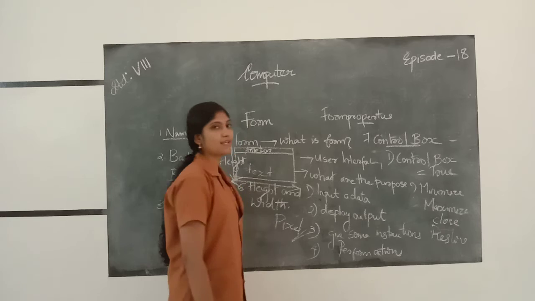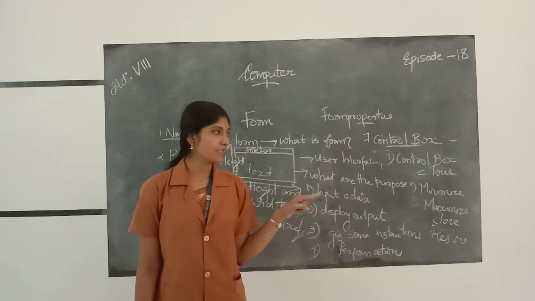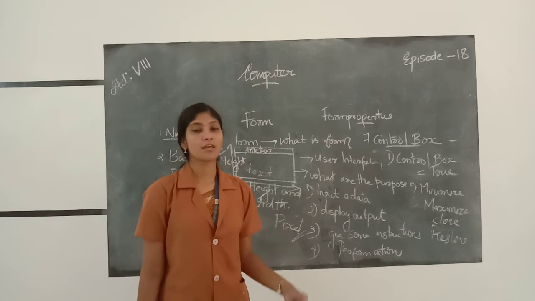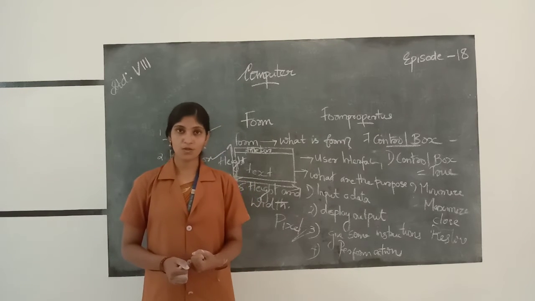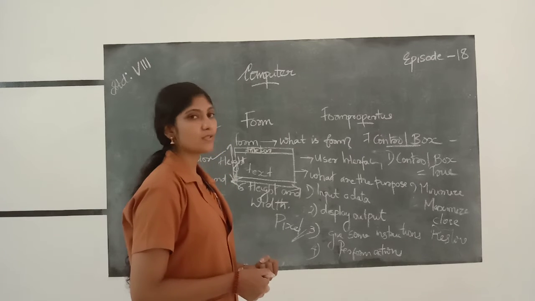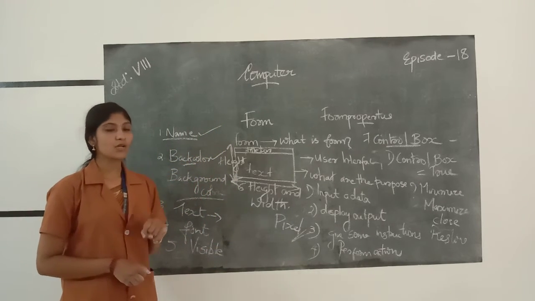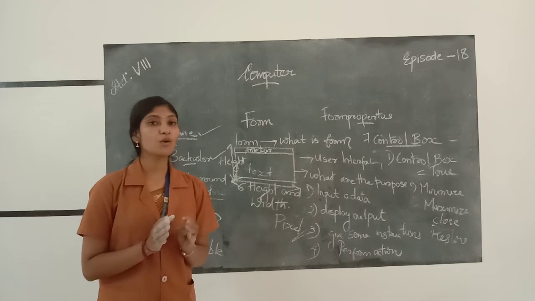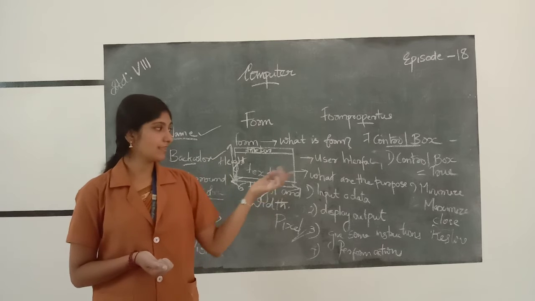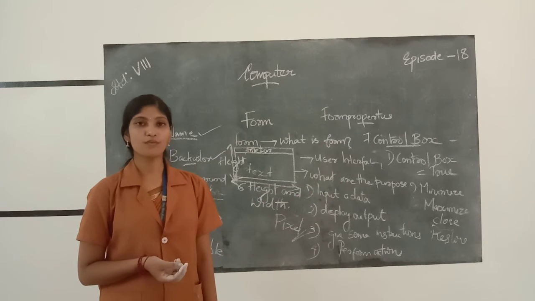If the control box is set to true, then you can show these buttons: maximize, minimize, restore and close. Otherwise, if control box is set to false, then you will not see these buttons.